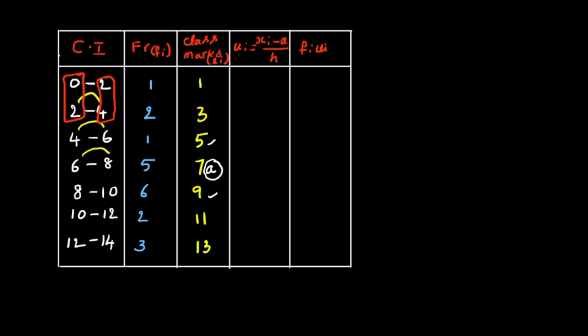Why did I select 7 here? Generally, keep it in mind while taking the assumed mean: the middle value is the best, but it is not compulsory to take the middle value. The middle value just gives an easier solution. 7 is the middle value compared to the remaining ones, so I took 7.